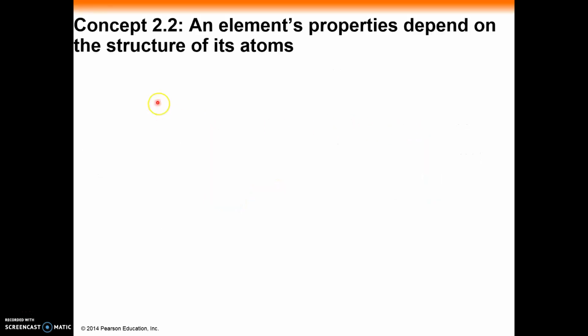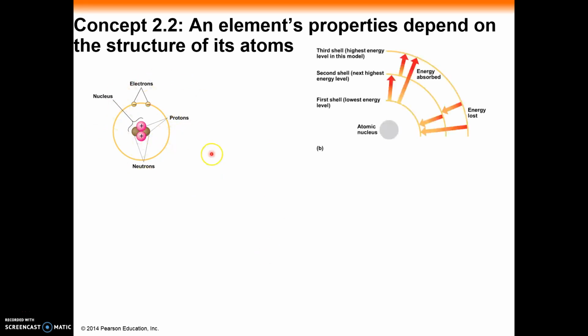So, this concept 2.2, an electron's properties depend on the structure of its atoms. So we figured out that the structure of an atom is we have a nucleus that has protons, which are positive, and neutrons, which are neutral. They're together in this nucleus. They're larger and have mass. Then we have these electrons, which almost have no mass. They have ever so slightly some, but they are negatively charged, and so are attracted to these positive protons, and they orbit around in these shells.